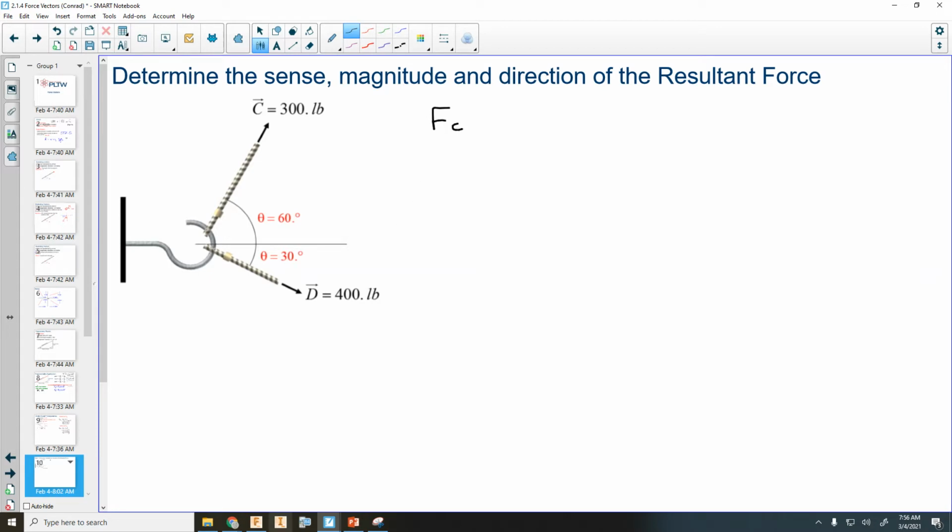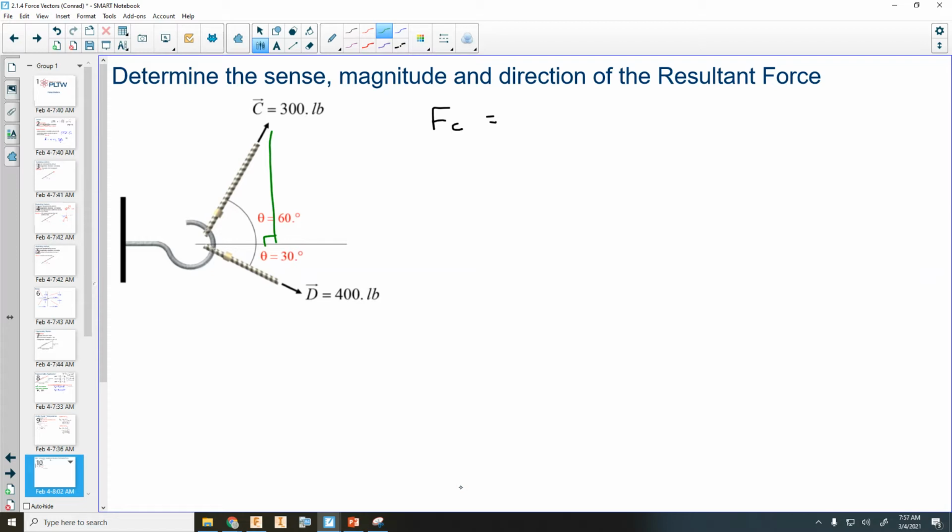The force of vector C is equal to, and we could sketch the right triangle if we want to, but SOHCAHTOA, what's that? What section is this in?